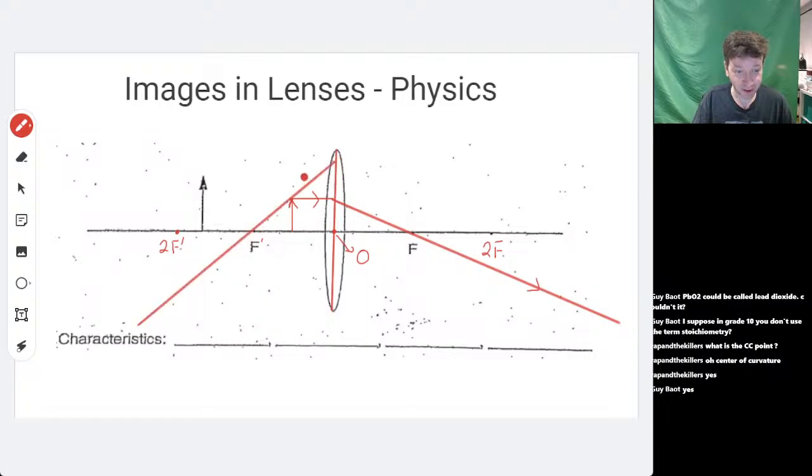Coming from f prime, hitting the top of our object, and then it's going to get refracted through parallel to the principal axis. If you don't like doing that one, a lot of people don't like doing that one, the third ray is obviously a great option. If it goes through O, it just doesn't refract at all, it just keeps going.